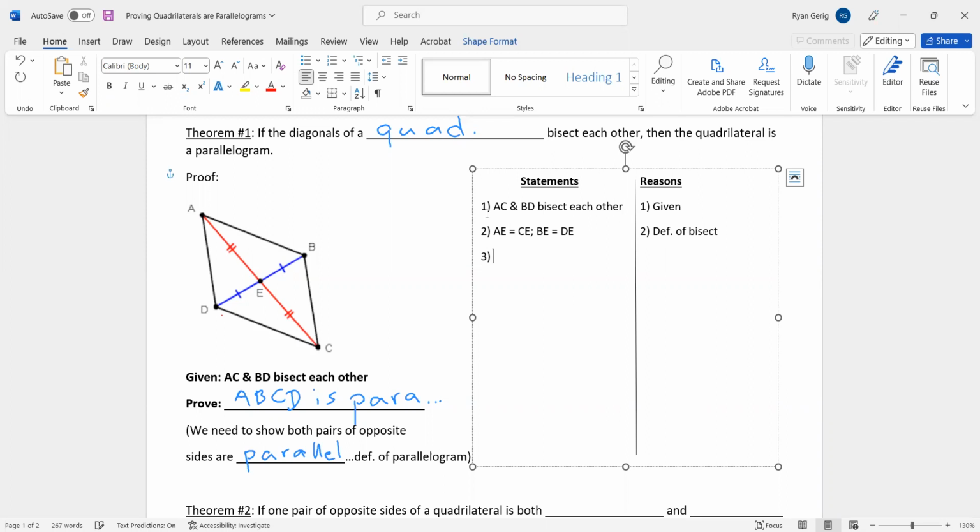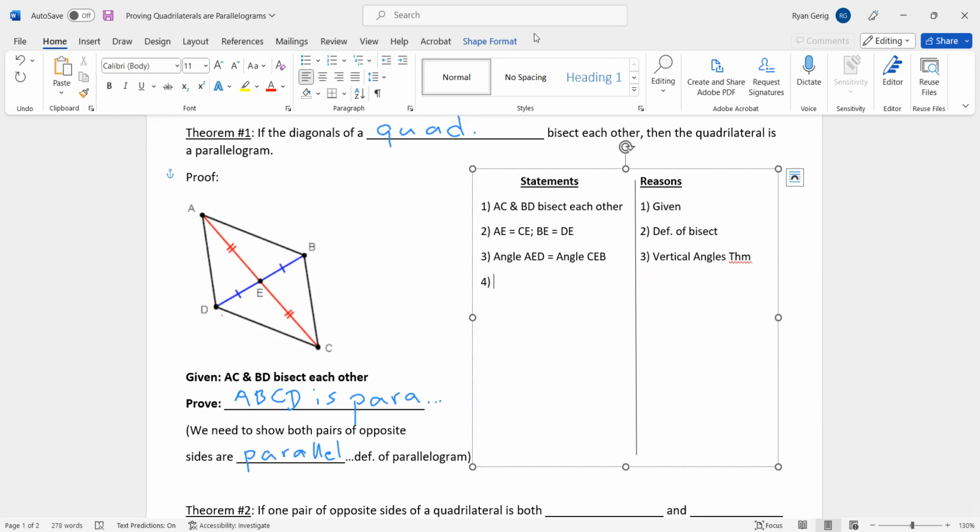Then angle AED is equal to angle CEB. Those are vertical angles if you look at those, so vertical angles theorem.